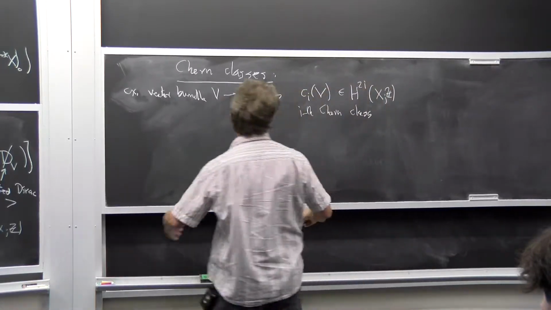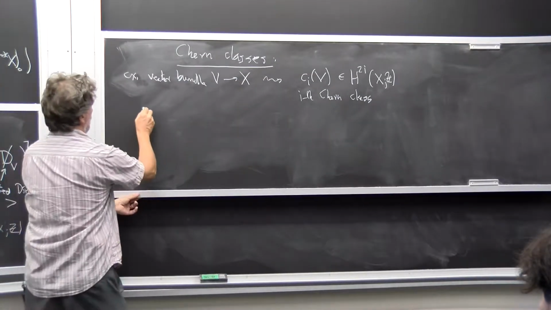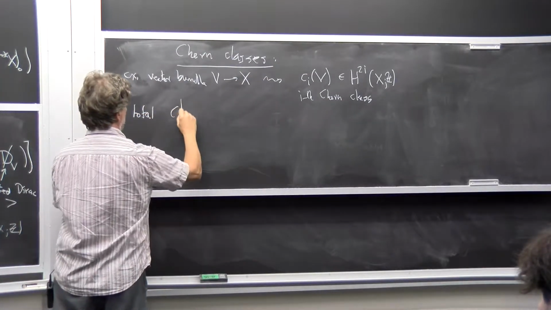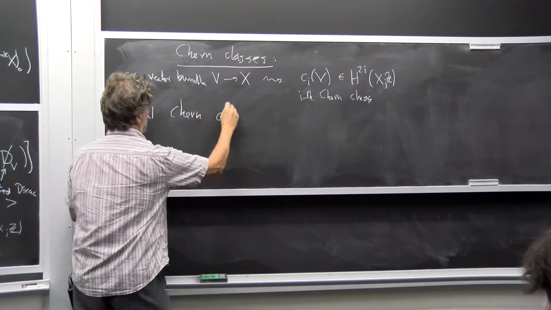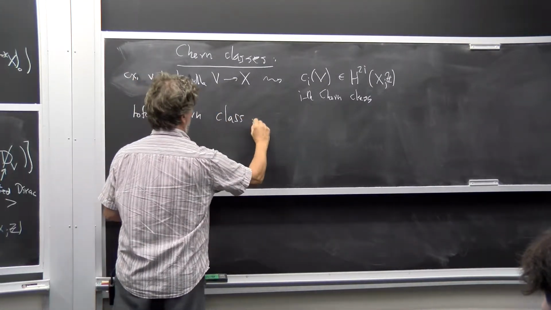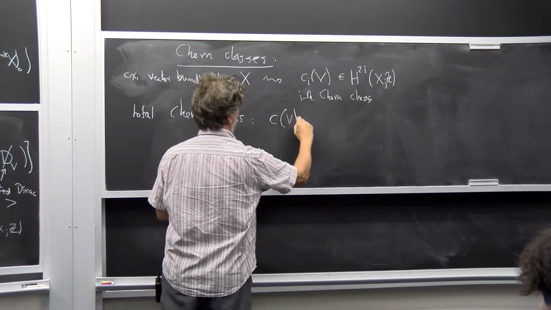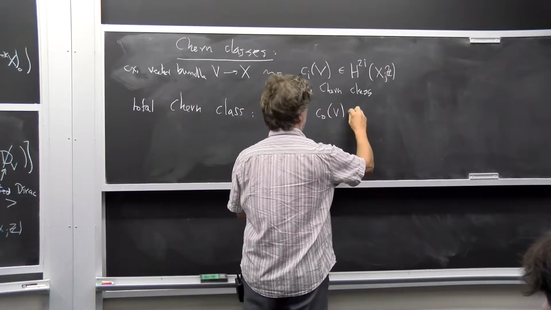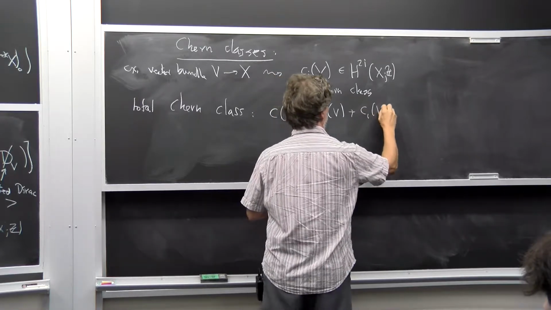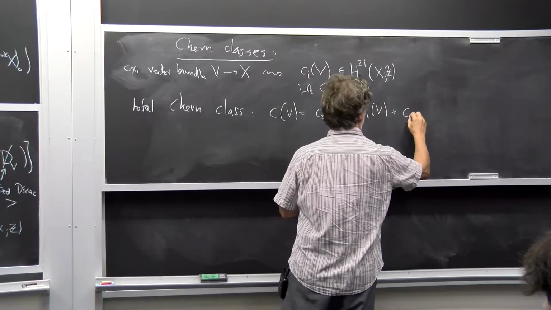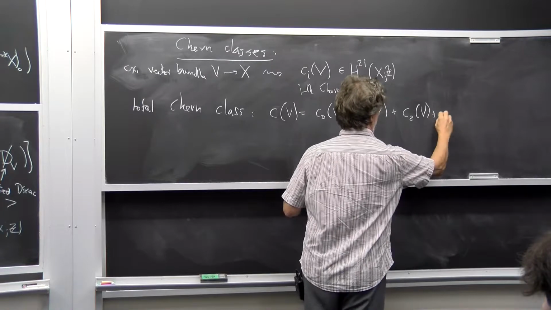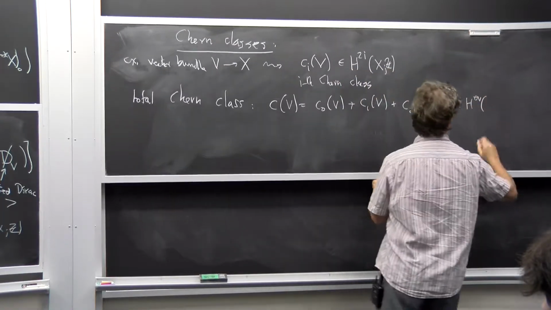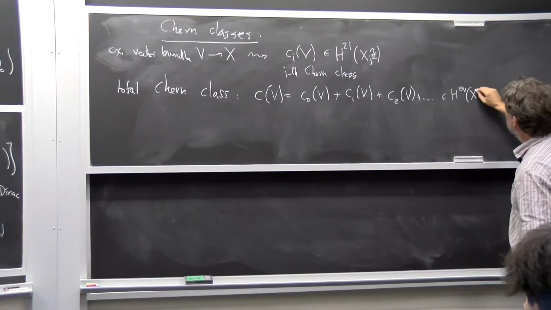And then you can put all of these together to form what is called the total Chern class. I write c of V, which is the sum of c0 of V plus c1 of V and so forth. And that is an element in the even cohomology of X.